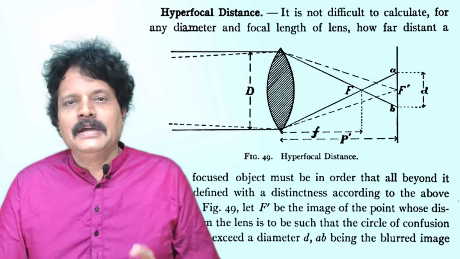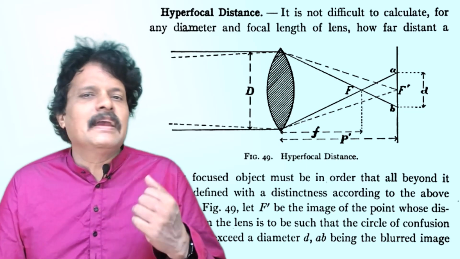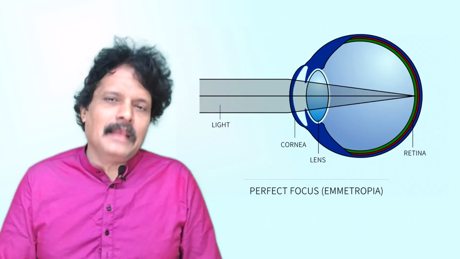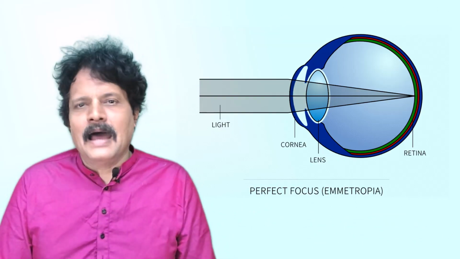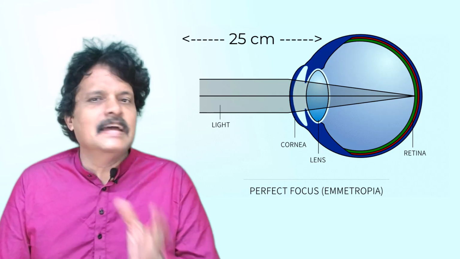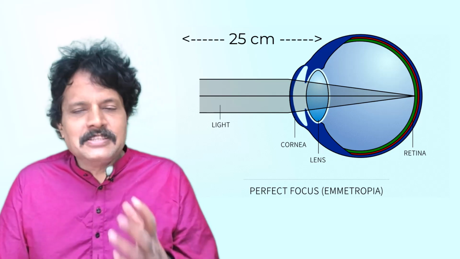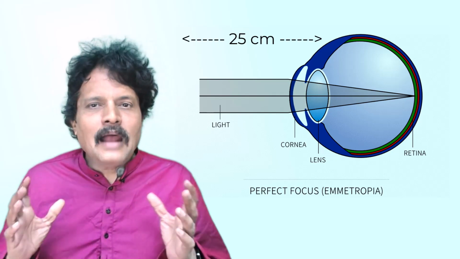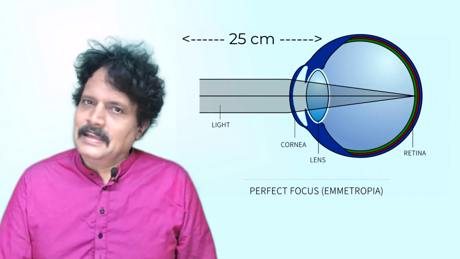Hyperfocal distance is the distance beyond which all the objects get focused. So if an object is beyond this hyperfocal distance, you don't require any focusing at all. To give you an example, if you take the human eye, this hyperfocal distance in a human eye is 25 centimeters. That is, in our eye, when we are seeing something beyond 25 centimeters, our eye need not do any focusing.